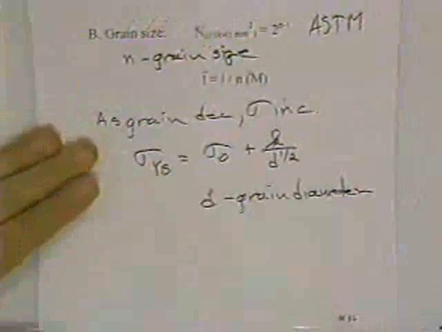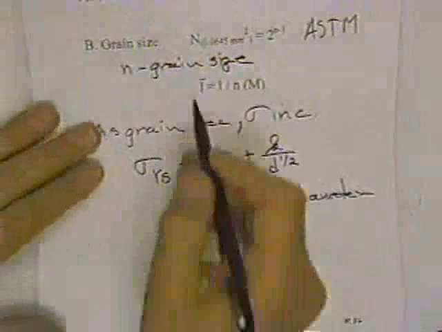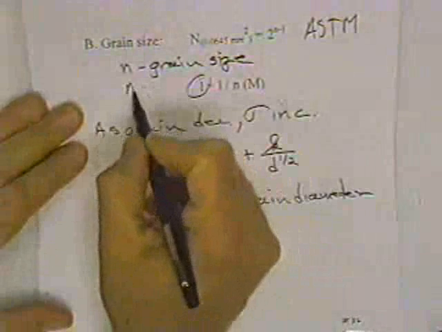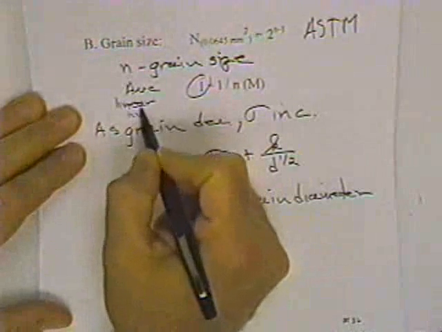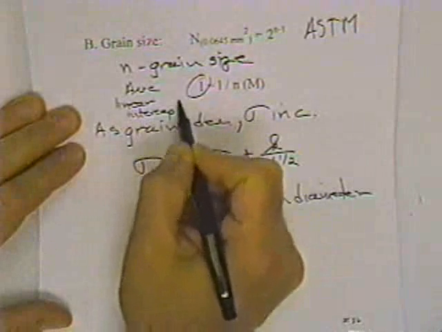There's another way of determining the grain size, and that's illustrated in the equation that I have on this sheet. And L bar here is the average linear intercept.